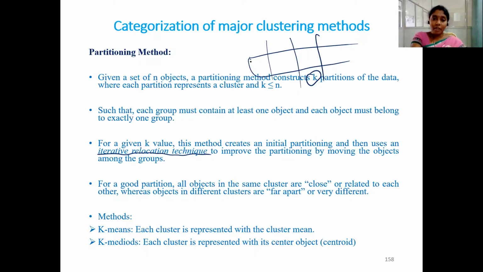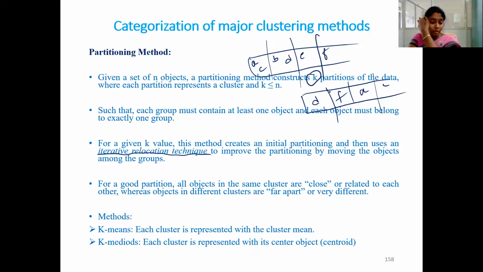For example, here we have an element A, here B, here C, here D, here E, and here F. By applying the iterative relocation technique in the first iteration, we come to know that A belongs to the third partition, F belongs to the second partition, C belongs to the fourth partition, and D belongs to the first partition, like that.